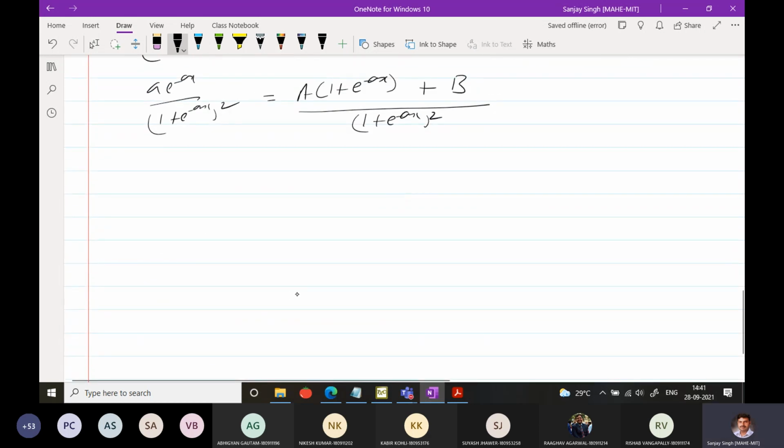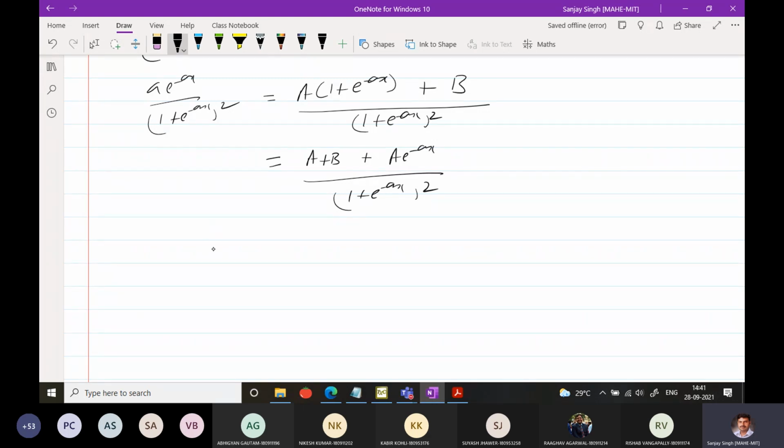Now let me write what is happening here. Taking the constant terms together, a plus b, and plus a times e to the minus ax, over (1 plus e to the minus ax) whole square. This denominator and this denominator will go. I'm comparing this denominator component with this component.